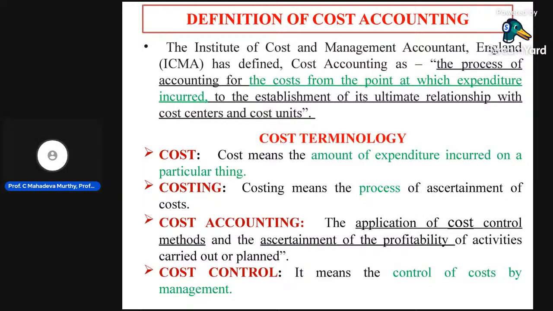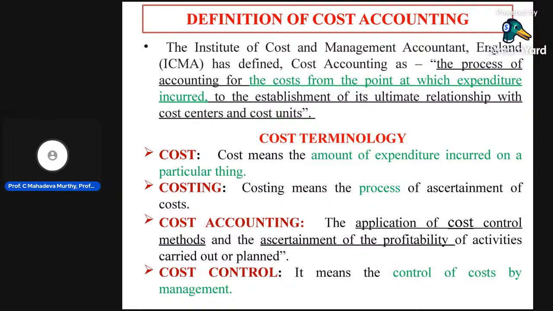Cost accounting is a process of accounting. It is also one of the important techniques, like marginal costing. For the cost from the point at which expenditure is incurred, here the cost of that particular manufacturing unit, the point at which expenditure is incurred is most important.